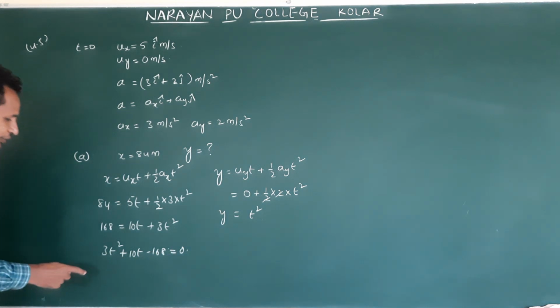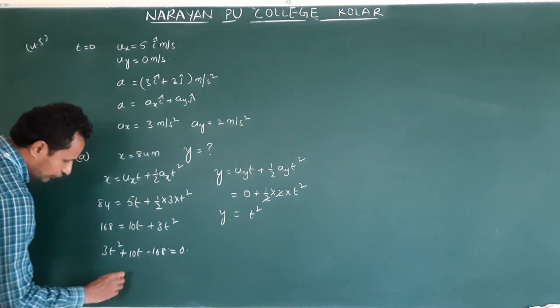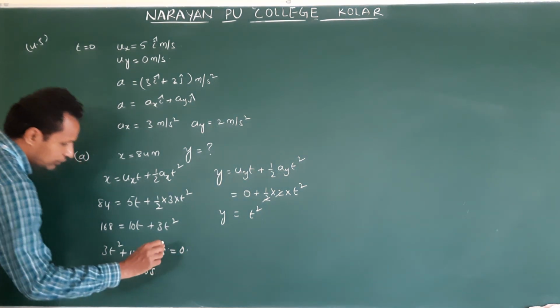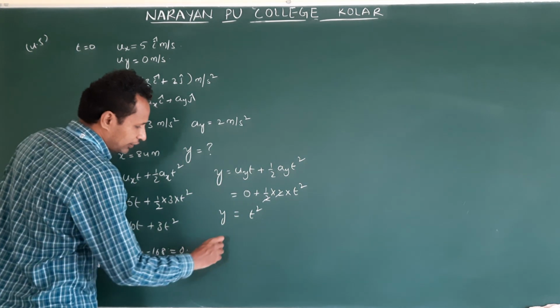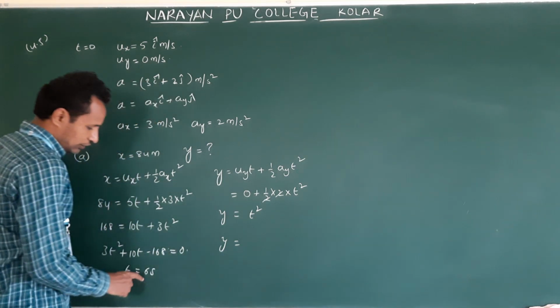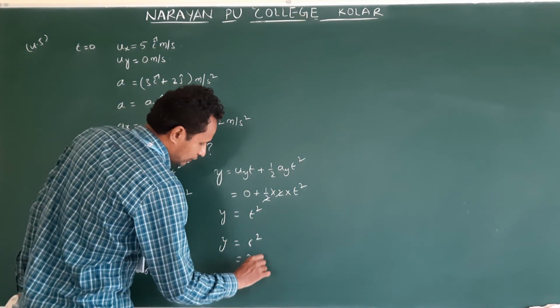It is a quadratic equation. If we solve this quadratic equation, we get t is equal to 6 seconds. Now substitute this t value here: y is equal to 6 square, which is 36 meters.